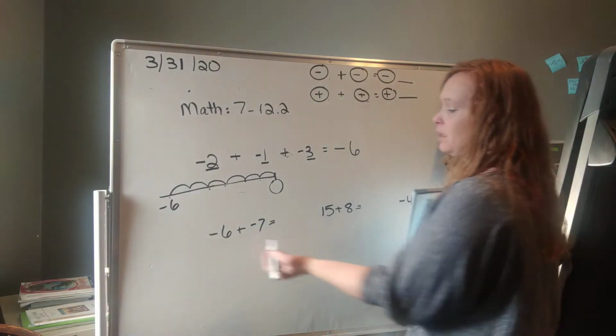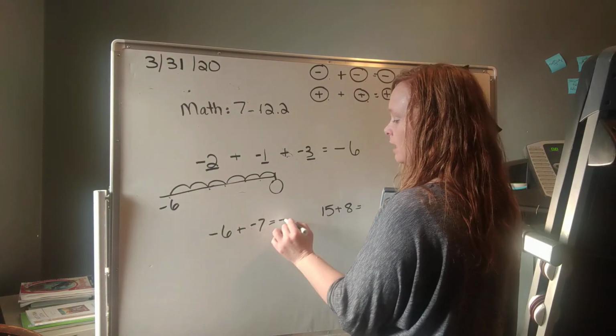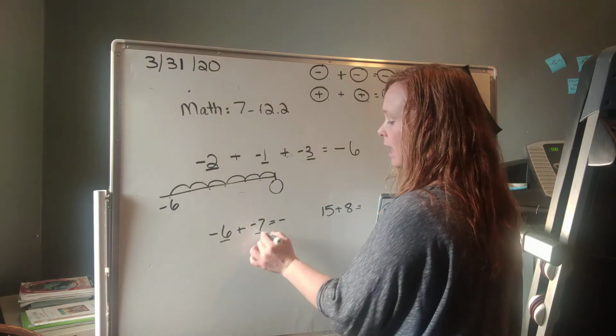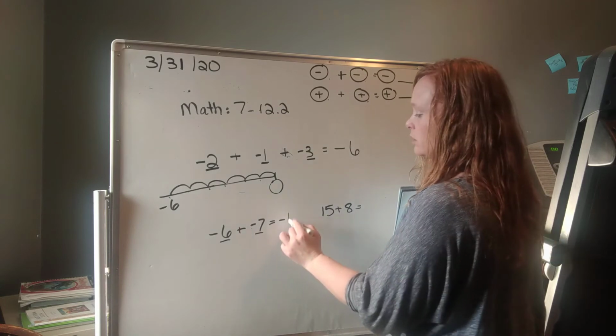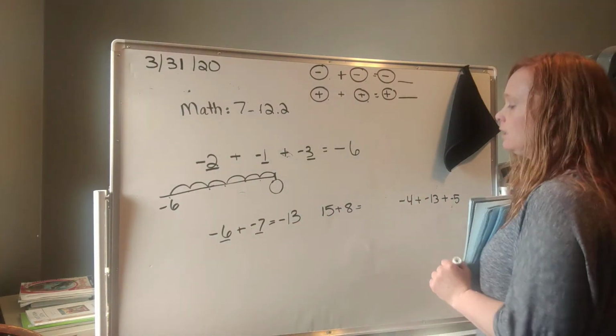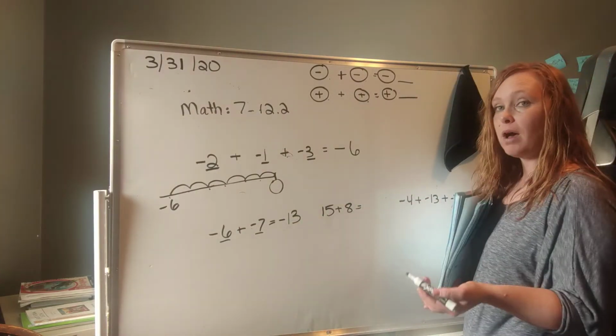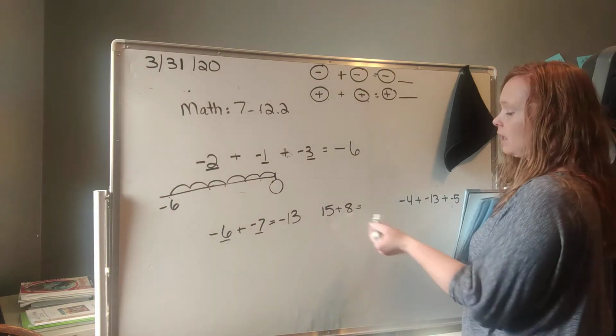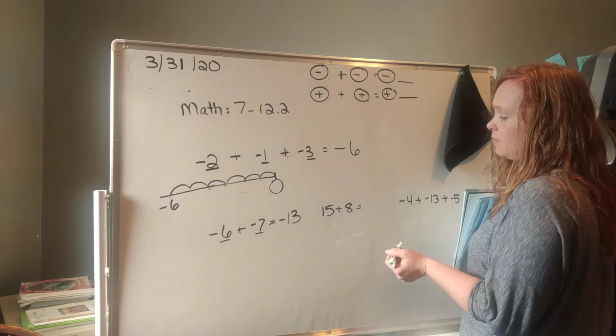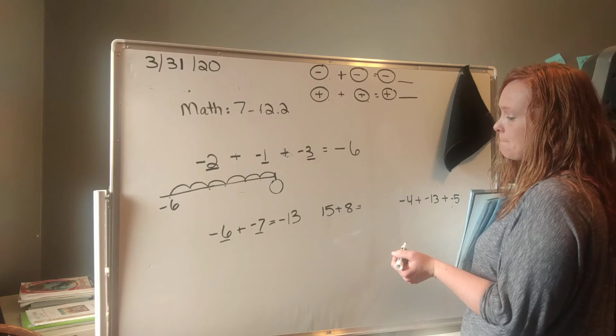I hope you see that your answer needs to be negative because they're both negative, and then we add 6 plus 7, which is 13. We got -13. And 15 plus 8, they're both positive, so we're going to have a positive answer. So 15 plus 8, what is that? 23.